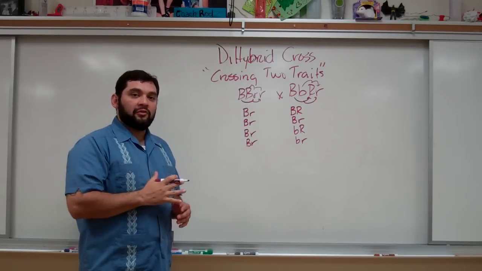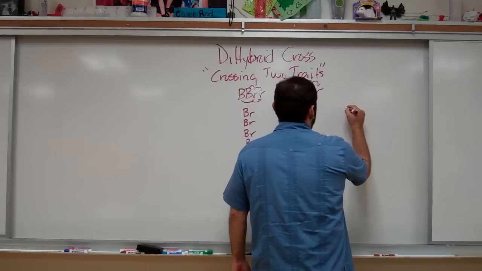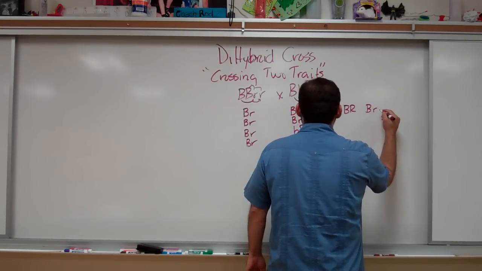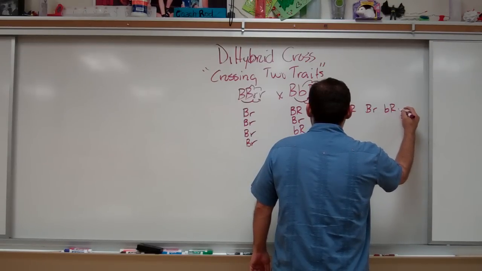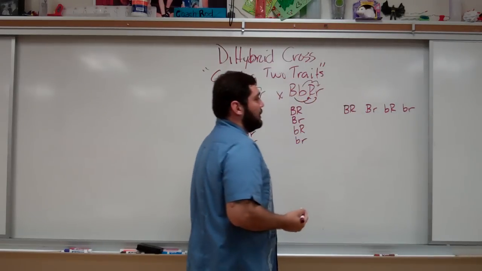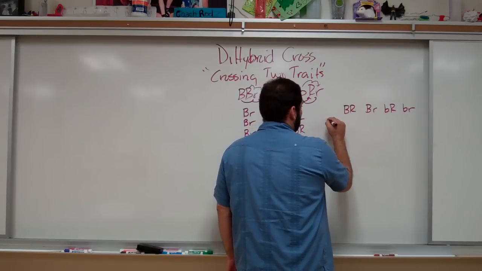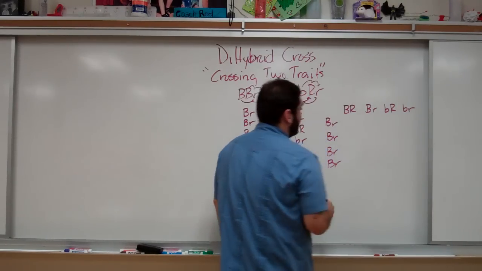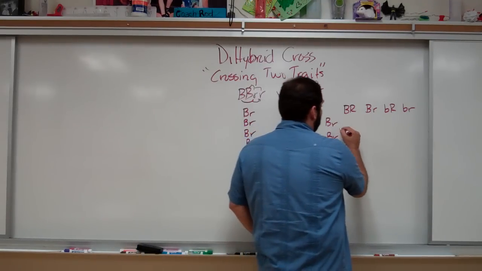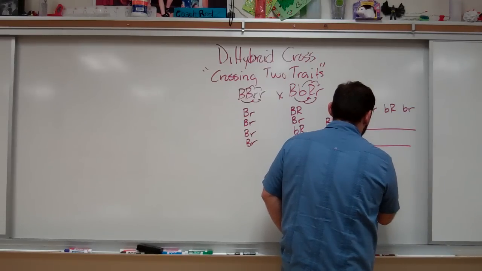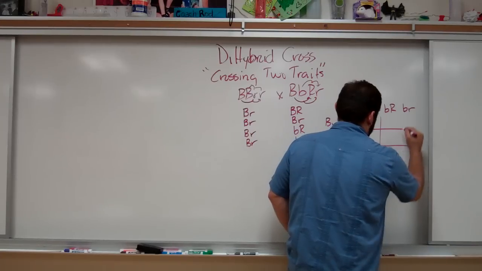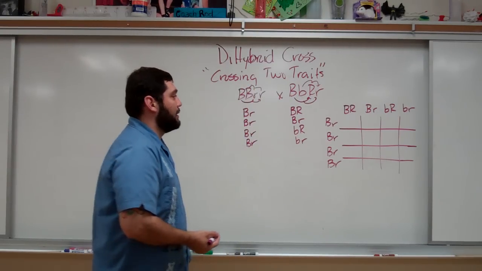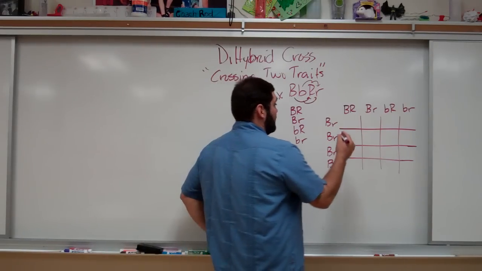Start from there. Now, across the top, each of these traits. Remember, you're crossing 2 traits in one large Punnett square. There's your father and mother. Let's draw lines so you guys won't get confused. Now we're just going to combine traits.